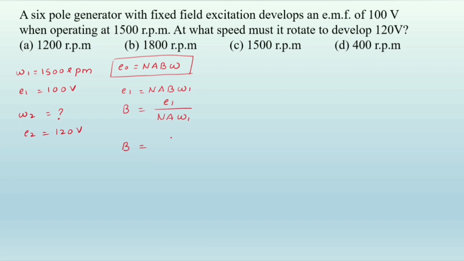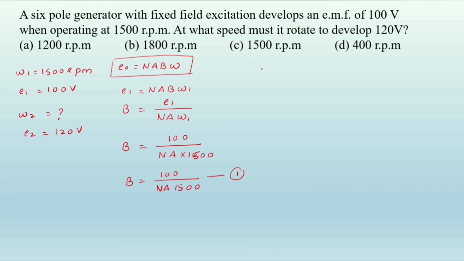So B equal to, in the first case induced EMF is 100 divided by number of turns and area, we don't know, keep as it is. Omega 1 is 1500 revolution per minute, right? So B equal to 100 divided by NA into 1500. Let us take it as equation 1.